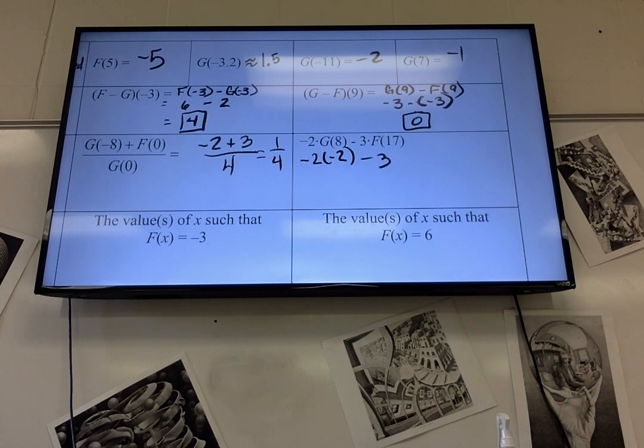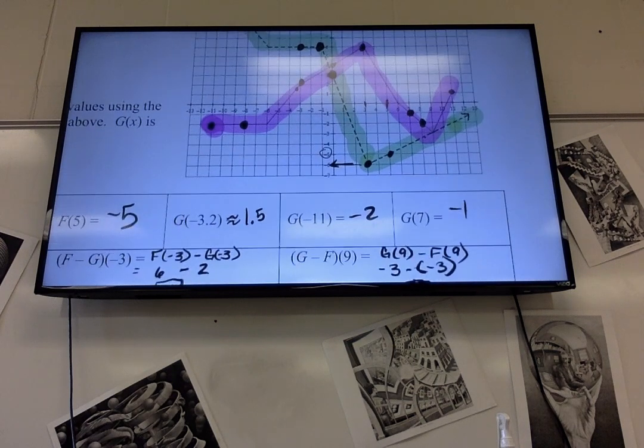And then f of 17. So it goes out to 13. And notice that it looks like it's going up 1 over 2. That's the slope of it. So at 13, it's at -1. Up 1 over 2, so at 15, it's at 0.